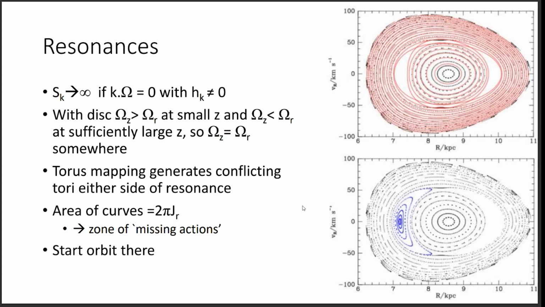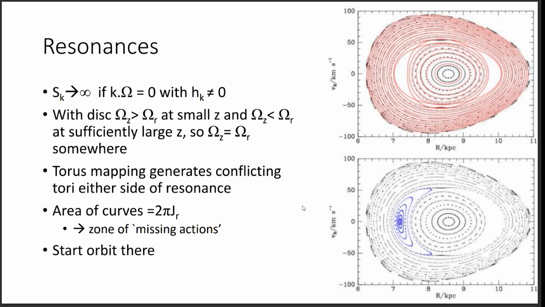Now, let me talk about a really basic example of this. If a star like the Sun, which keeps close to the galactic plane, has a vertical frequency of oscillation above and below the galactic plane, which is significantly bigger than the radial frequency with which it oscillates in and out from the galactic center.